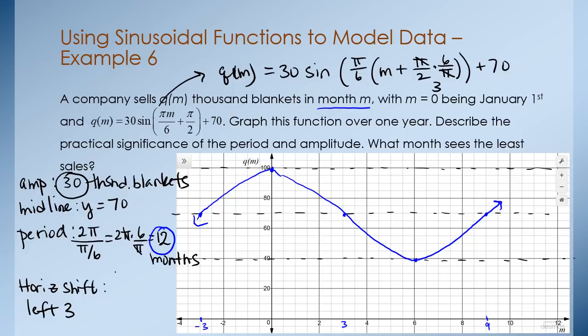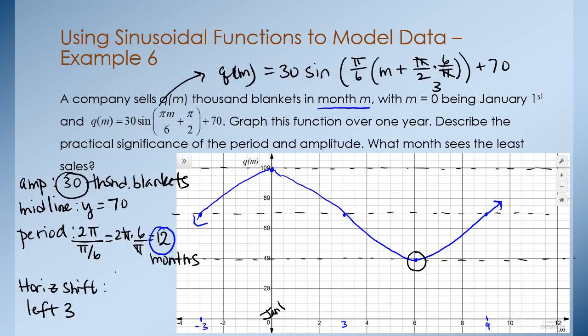All right, now what month do we see the least sales? Well, that seems to be happening just from the picture at an input of 6. So what month is that? So we have to be careful and make sure we pay attention to how this was defined. We're used to 6 being called June because that is the 6th month, but in this case January 1st started as our 0 value.